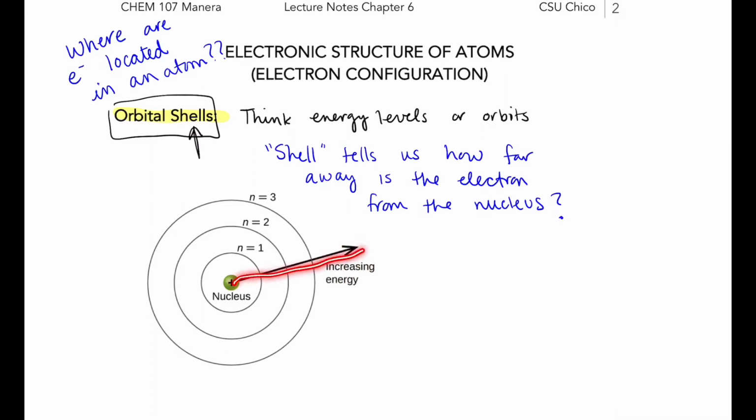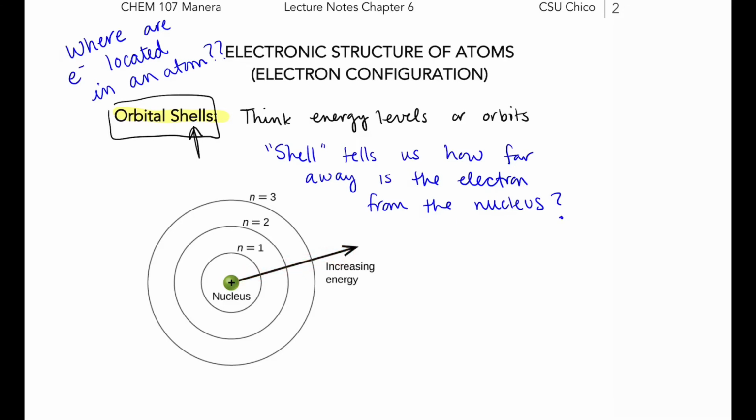Shell 4 might be out here, shell 5 might be out here. It's telling us how far away, and essentially the relative energy: relatively low energy down at energy level 1, relatively high energy at shell 3. So how far away is the electron from the nucleus.